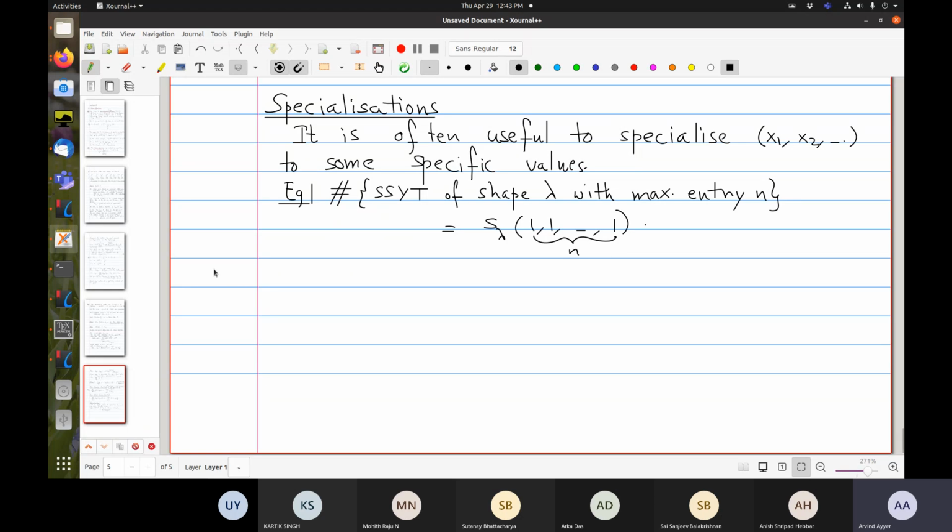So what is often convenient to do is to specialize. You fix a variable. Let q be another formal variable.